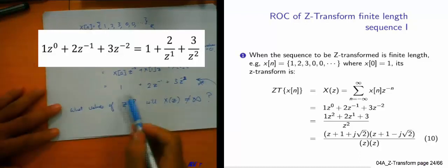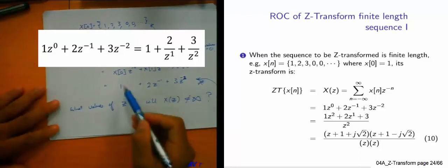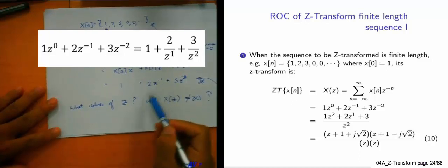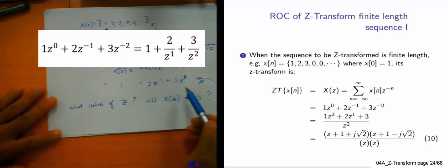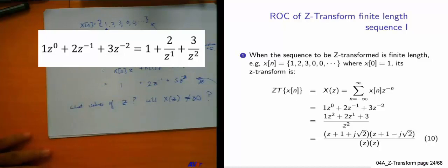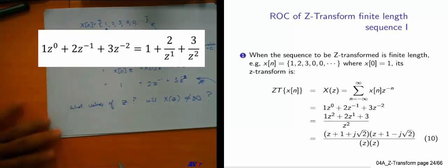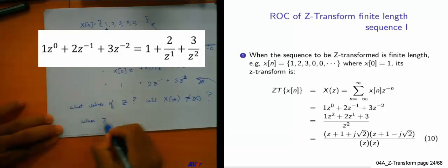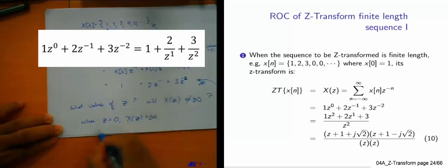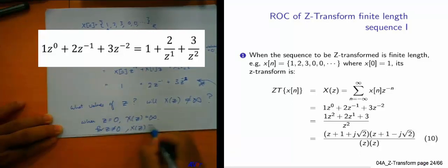No. What about z equals half? So it's 1 plus 2 over half plus 3 over half. Not infinity. In fact, almost every value that I substitute will not be infinity. But there's one value that when I substitute will become infinity. The value is z equals 0. When z equals 0, X(z) equals infinity. For z not equal to 0, X(z) is not equal to infinity.